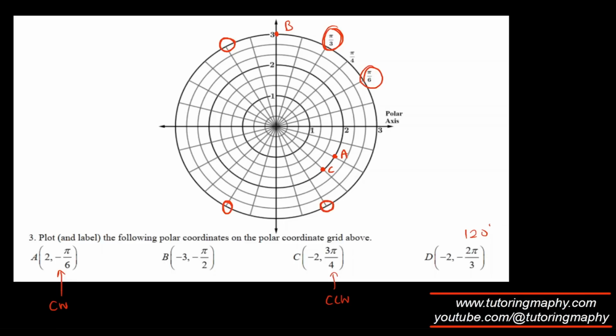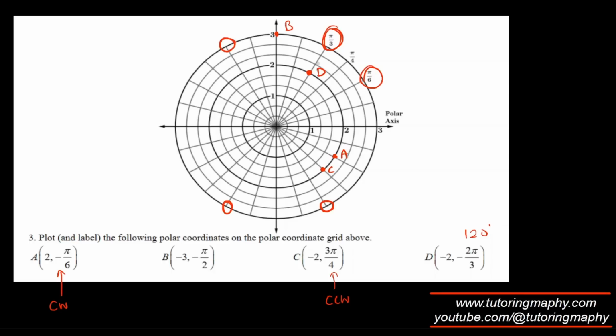So since we are going in quadrant 3, we will land at this point. So negative 2 comma negative 2 pi over 3 will be somewhere over here, right here. But since we are tracking negative 2, we just have to reflect it across this line and plot somewhere over here. So this is where I have this point, which is point D.